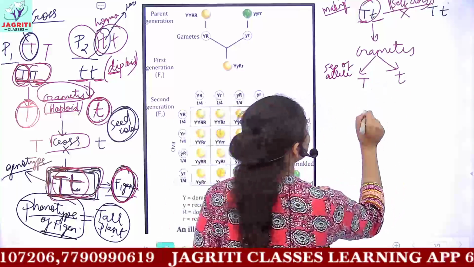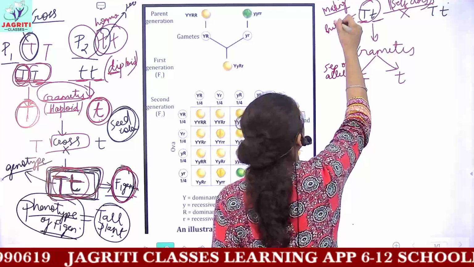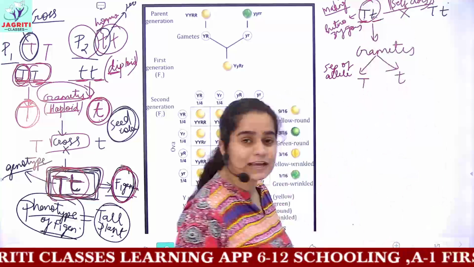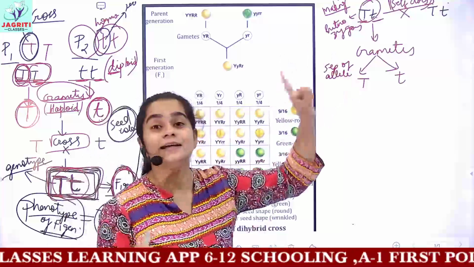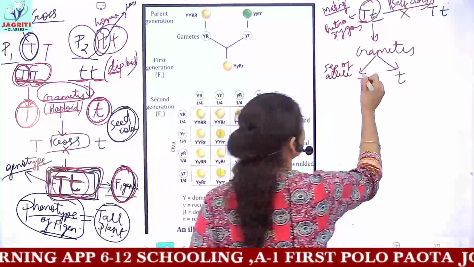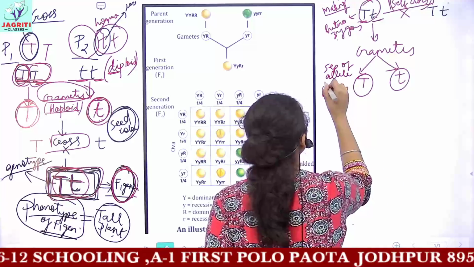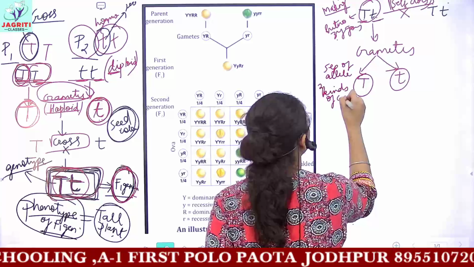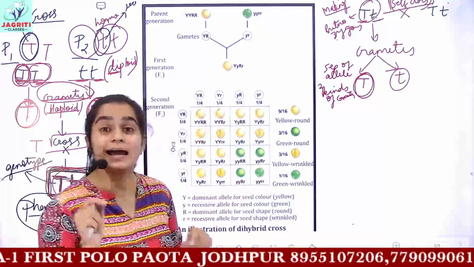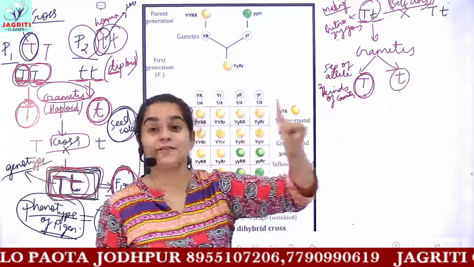Now we say that because you have a heterozygous condition, heterozygous means both the alleles are not the same, or you can say both the alleles are different. And in the heterozygous condition, two kinds of gametes form. One type of gamete would have capital T and the next type would have small t.